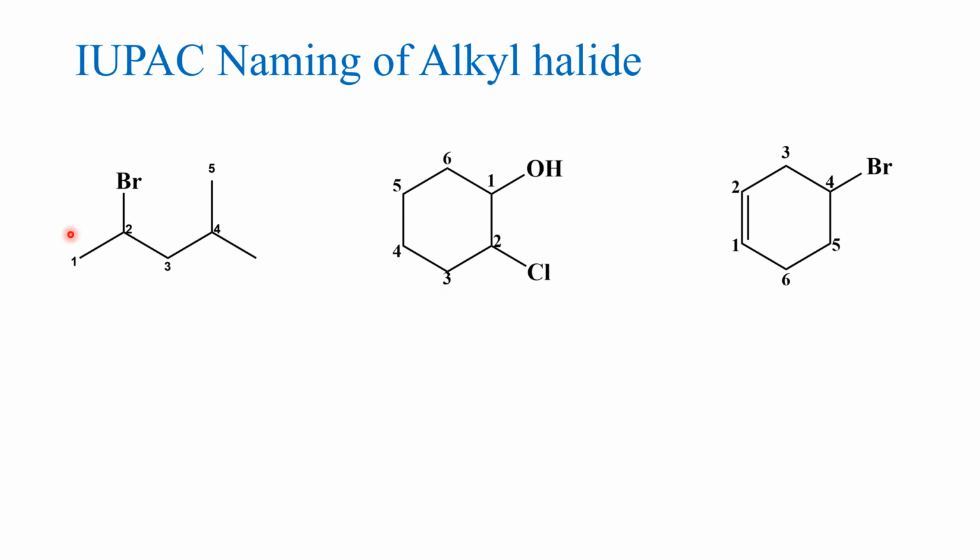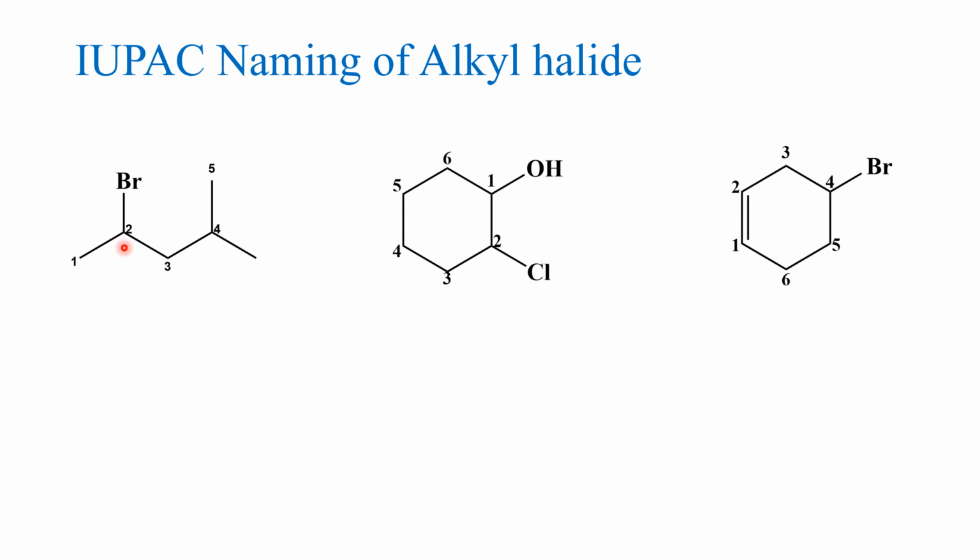Firstly, if you look at the very first compound, this is basically a hydrocarbon, the alkane one. There is no double bond, no aromatic ring attached, or no other functionality, but there is the bromine attached, and there are branches attached. So you have to select the longest chain which includes the halogen or the substitution attached to it.